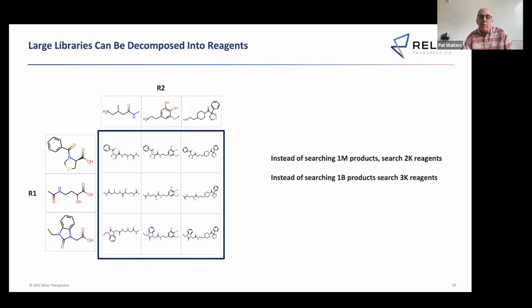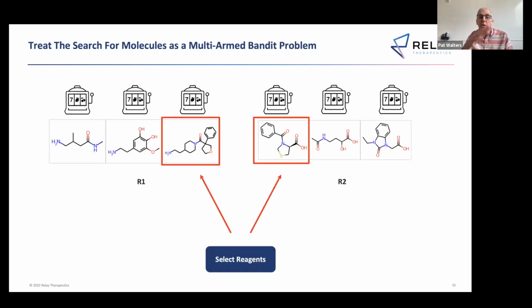If I have a space of 1 billion products that are made out of 3 components, instead of searching that space of 1 billion products, can I turn this into a space of 3,000 reagents? So searching the building blocks rather than the product. Let's just take a look at how that would work.